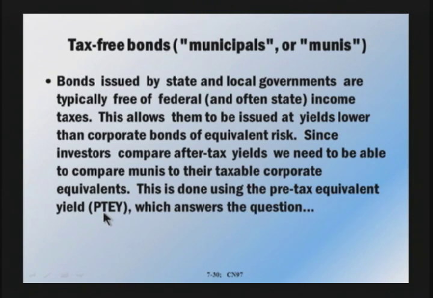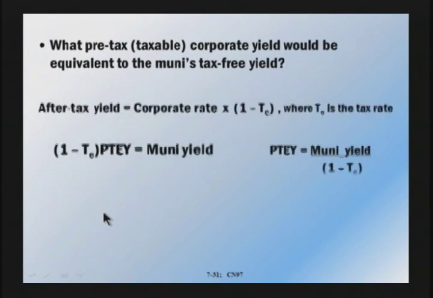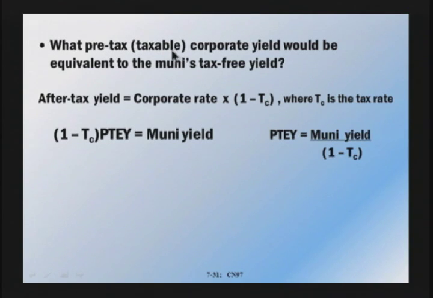Because obviously if I get to keep all my return from a municipal bond, then there would be some higher taxable corporate rate that would be taxed and then be worth that same municipal rate, which is not taxed. So the question here is, what pre-tax or taxable corporate yield would be equivalent to the muni's tax-free yield?